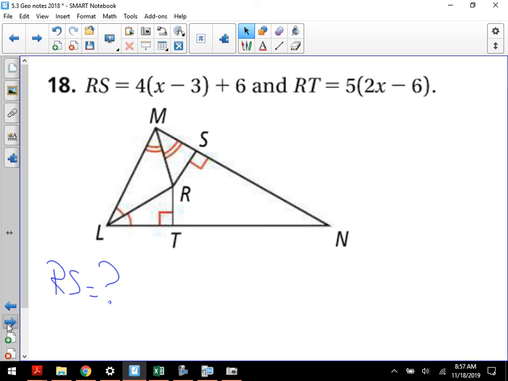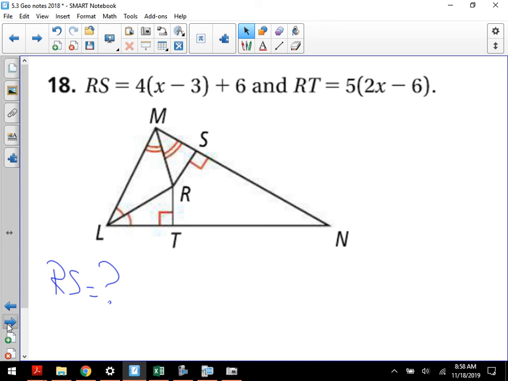When you're looking at that picture, remember that you have two types of centers. You have either the circumcenter or the incenter. When you have the circumcenter, that's when it has all the perpendicular bisector pieces. The incenter is when it has angle bisectors.